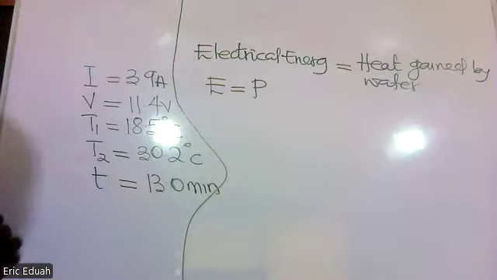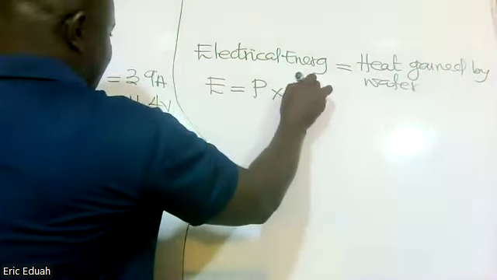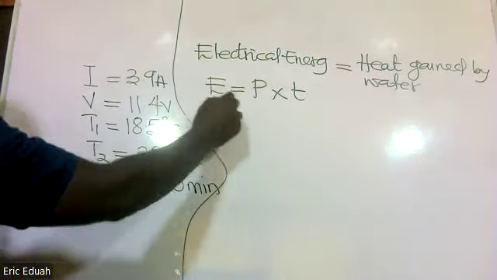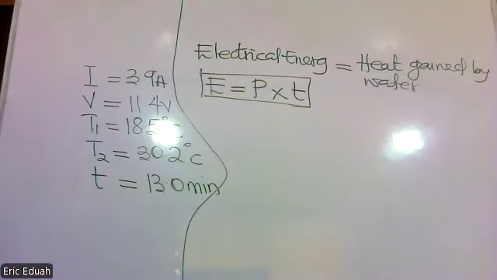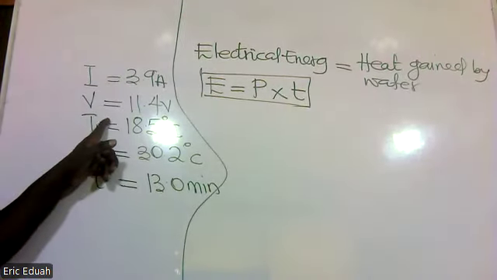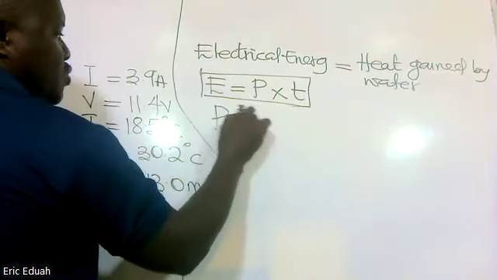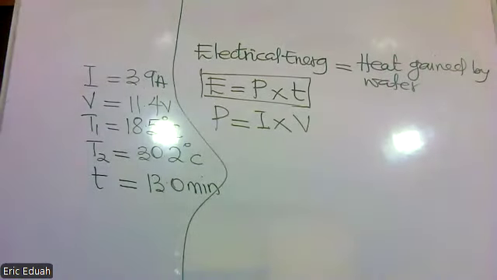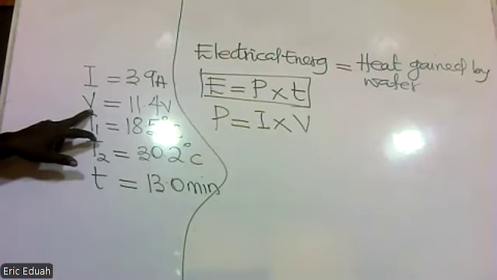the basic relation is that E is equal to power times time. So we will use this formula if we had been given power. The power is also equal to current times potential difference, voltage. We have the current, we have voltage.